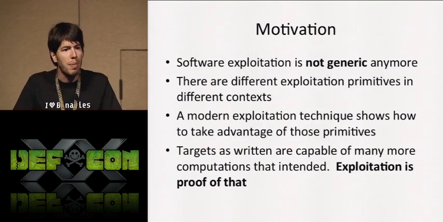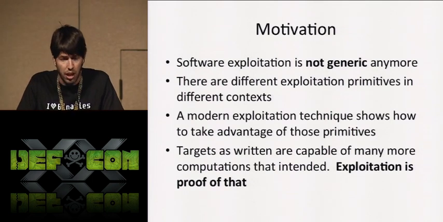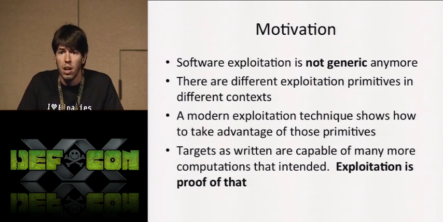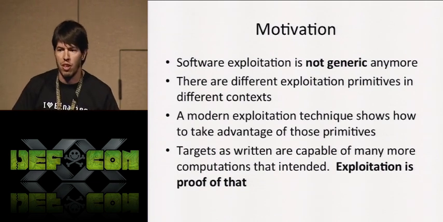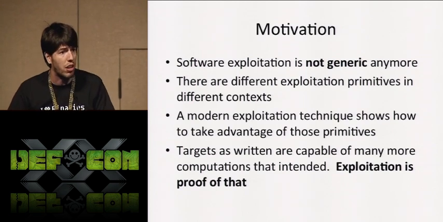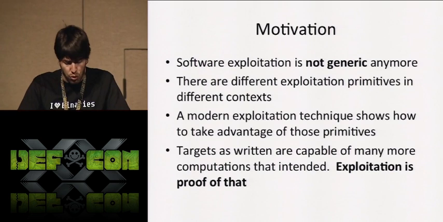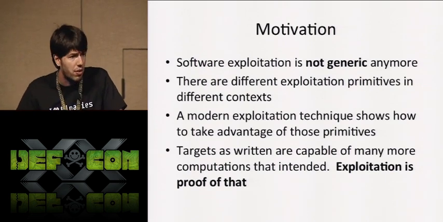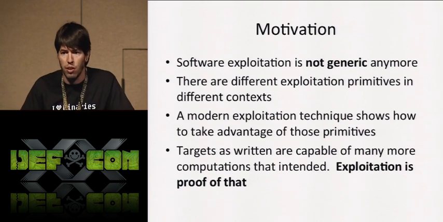So the motivation behind this presentation is basically the fact that software exploitation is not a generic thing anymore. We cannot talk about a specific technique and say this technique applies to all the software. That's not how it works anymore. Software exploitation actually builds up exploitation primitives that we need to use from the target software.